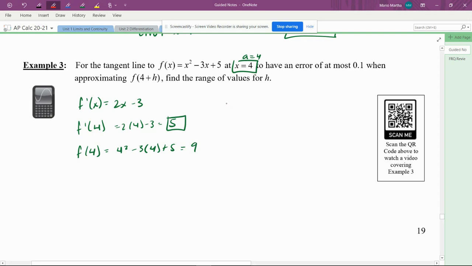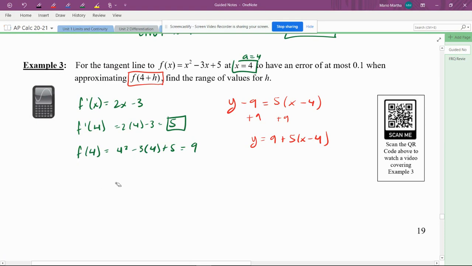So it's going to be y minus y naught, which would be y minus 9, equals the slope, which is 5, times x minus x naught, which in this case happens to be positive 4. So we just solve for y here. Add 9 to both sides, so you end up with y equals 9 plus 5 times x minus 4.